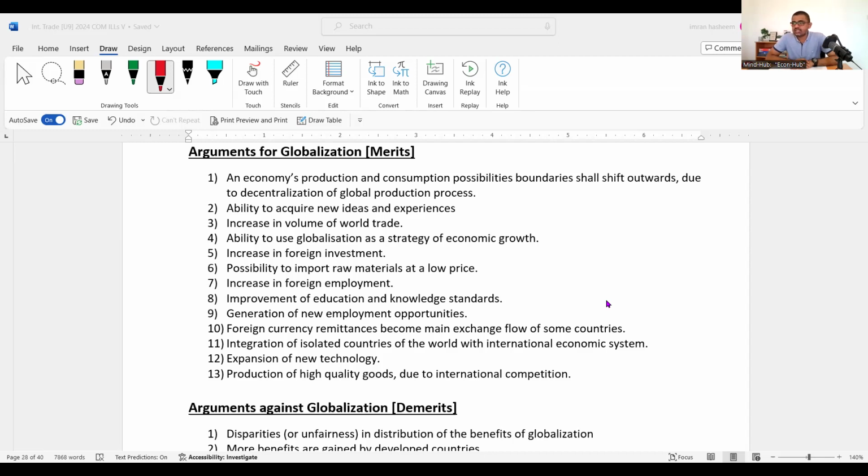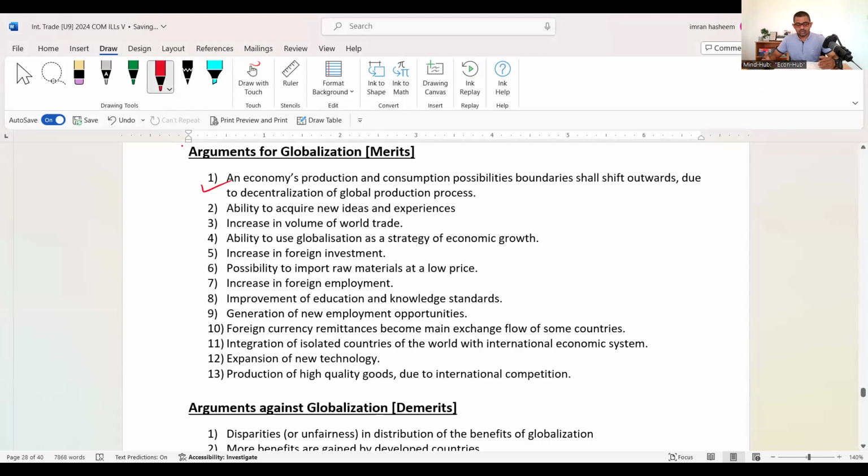So the first one says an economy's production and consumption possibility boundaries shall shift outwards due to decentralization of global production process. Every country gets an ability to improve their output production capacity, and also consume more goods and services as a result of being a part of globalization.